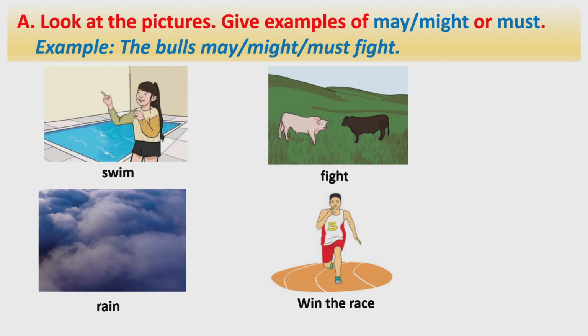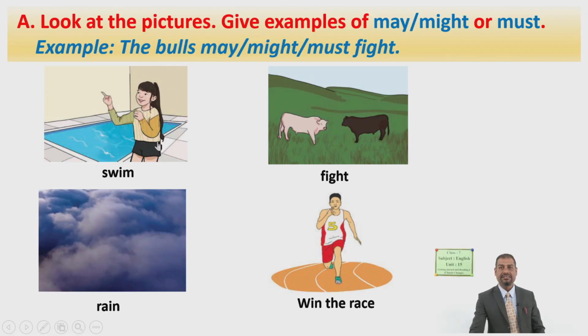Okay, here is example. The bulls may, might, must fight. For example, you can see the picture. In the first picture, you can see there is a girl and there is a swimming pool. So the word is swim there, verb.